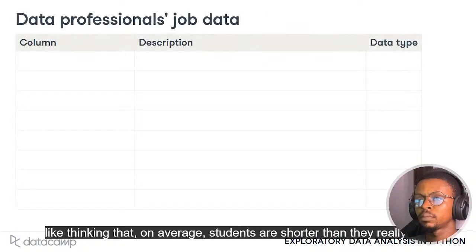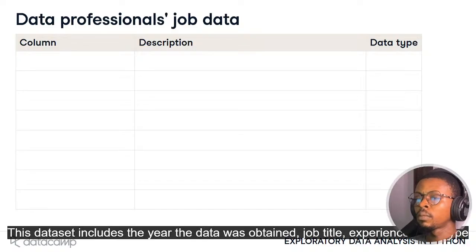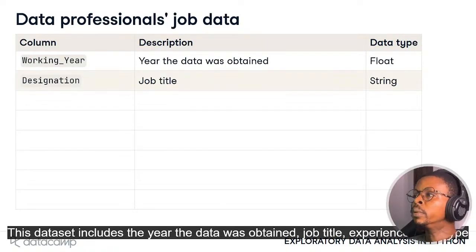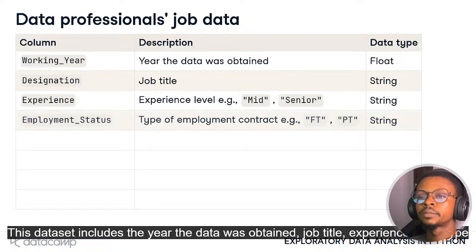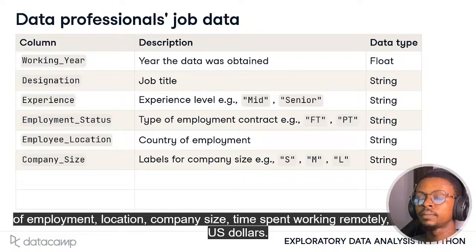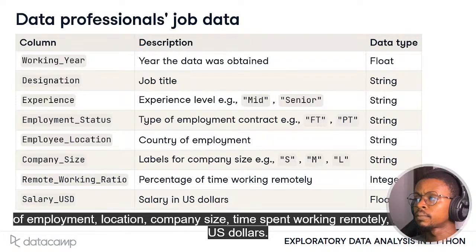Let's illustrate how missing data impacts exploratory analysis using a dataset about data professionals. This dataset includes the year the data was obtained, job title, experience level, type of employment, location, company size, time spent working remotely, and salary in US dollars.